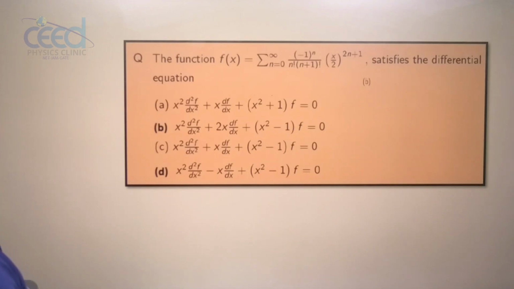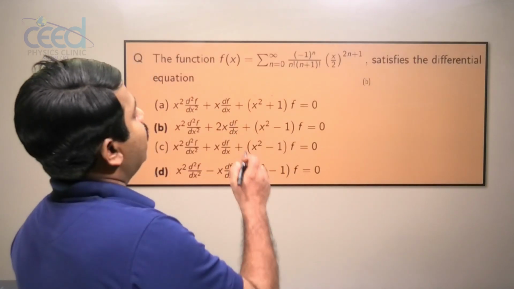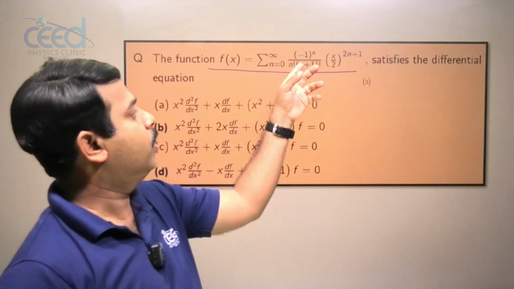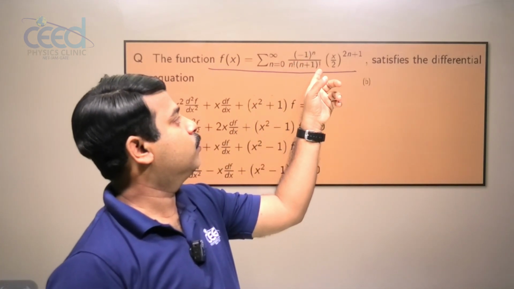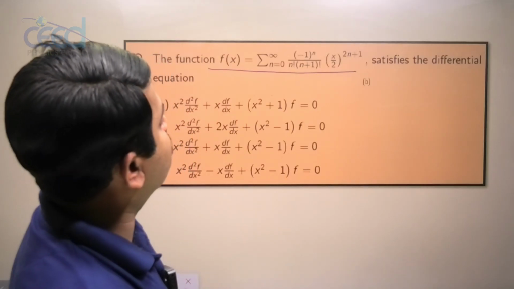Now let us do some problems. See here, f of x is equal to sigma n equal to 0 to infinity, minus 1 raised to n, over n factorial into n plus 1 factorial, x by 2 all raised to 2n plus 1.